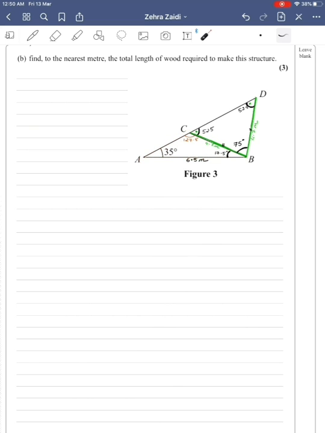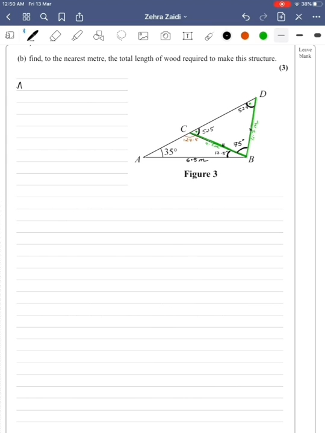Alright, now in this triangle, we need to find this length and we are given the angle opposite to it. Also we are given this length and the angle opposite to it. So that is clearly an indication that we can use sine rule to find the missing length. So let's write the sine rule for finding the length AC.